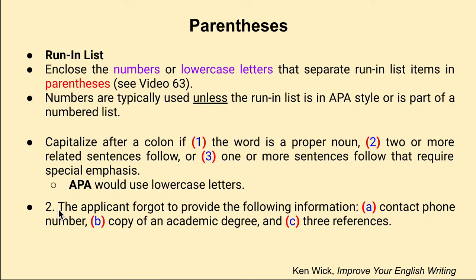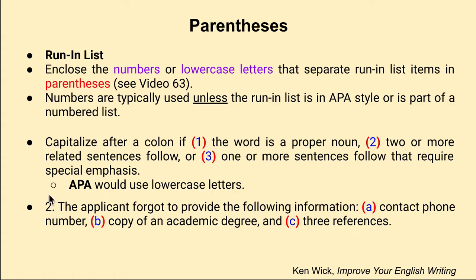Here you'd have item number 2, meaning there would already be a number 1 above this, but for some reason item number 2 has a run-in list. So you'd say: the applicant forgot to provide the following information: (a) contact phone number, (b) photocopy of academic degree, or (c) numbered references.